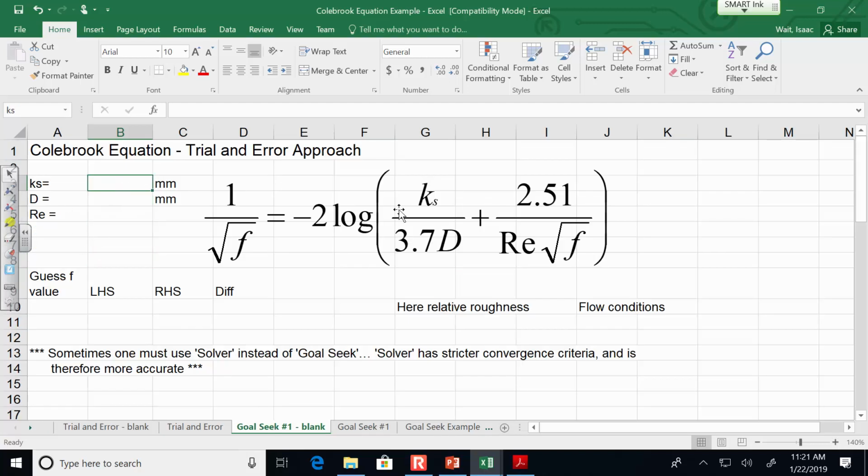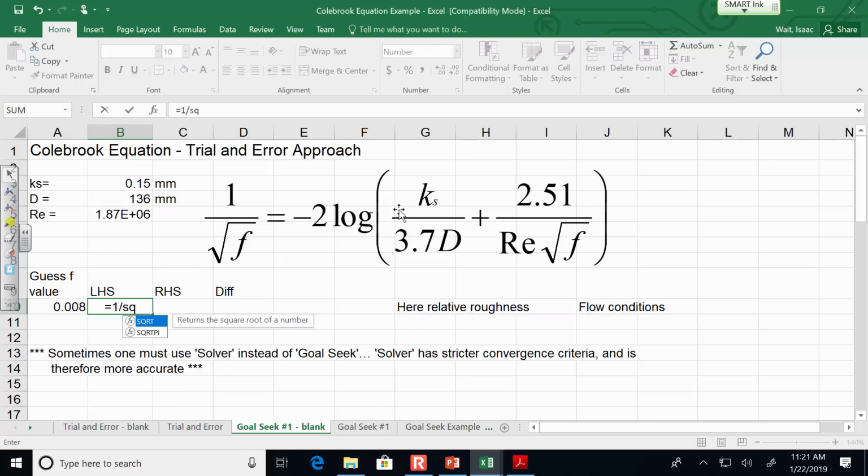So remember that our k sub s value is 0.15 millimeters, the diameter is 136, our Reynolds number is 1.87 times 10 to the 6th. Right? Okay. So we just have to have some guess value, so 0.008, and then we'll solve the left-hand side, 1 divided by square root of f. So that's our left-hand side.